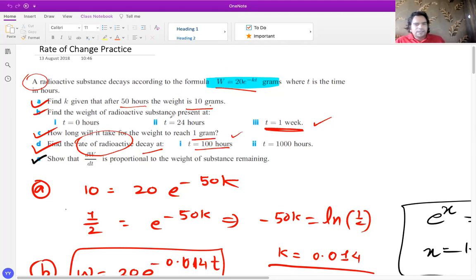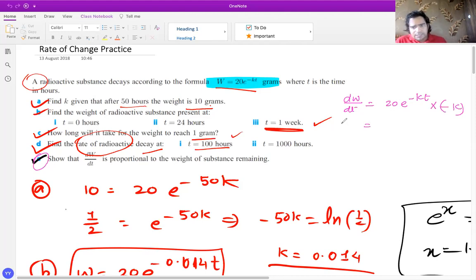Now, the last part is: show that dW by dt is proportional to the weight of the substance remaining. dW by dt is 20 e to the power negative kt times negative k, by the chain rule: e to the power f(x) times f dash x.